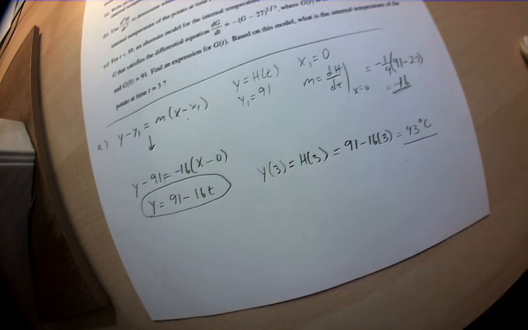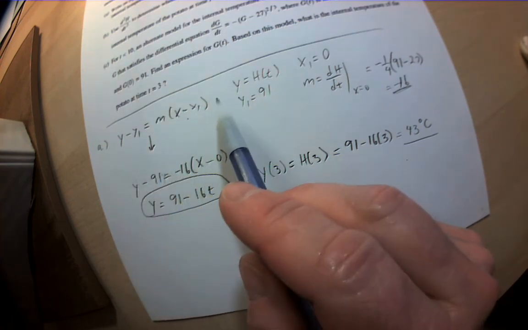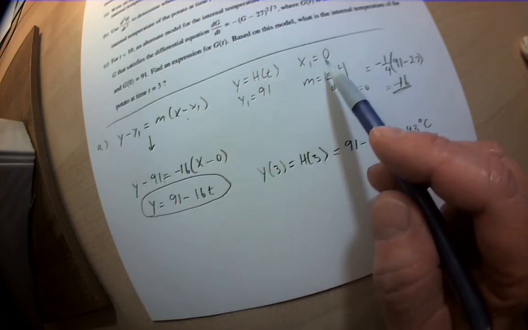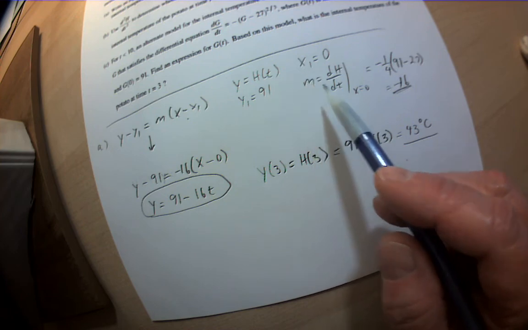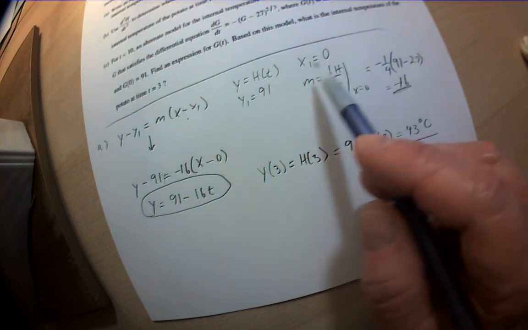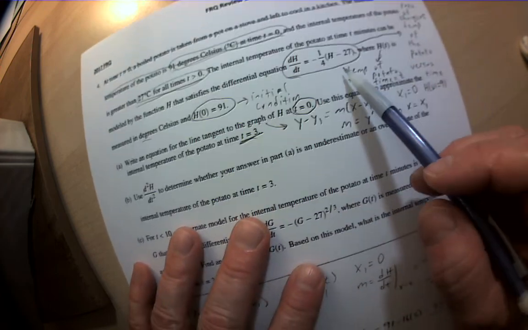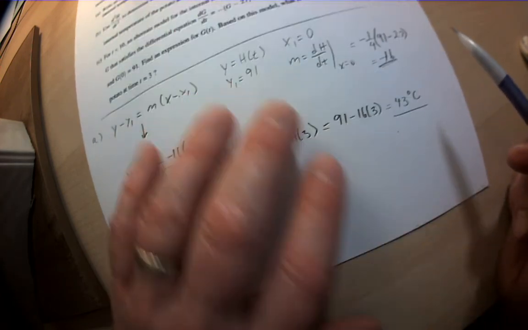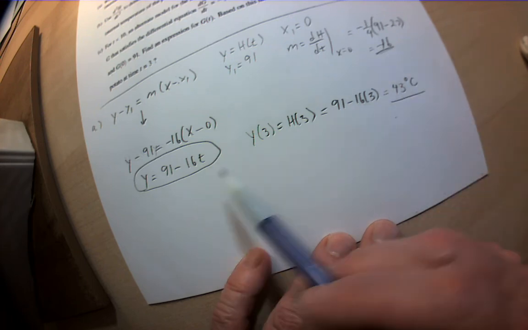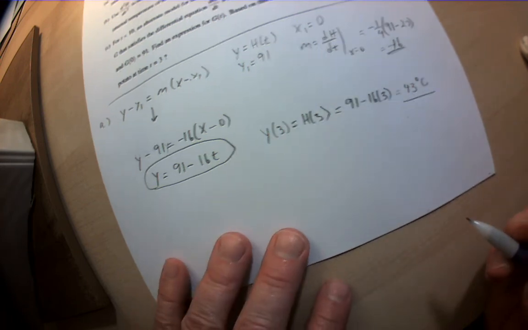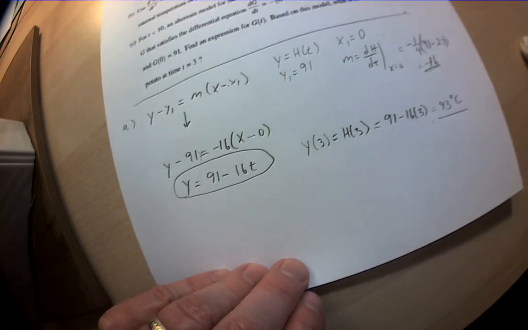Okay, so guys, a tangent line approximation problem. Y minus y1 equals m times x minus x1. This time they gave us x1 and y1, 0 and 91 degrees. They gave us an equation for the slope. I just plugged those initial conditions into the slope because the slope was a function of h. Okay, h of 0 is 91. I get the slope, I plug it in, and then I use it. So that's 3 points. Guys, I'll do parts B and C on the next video.